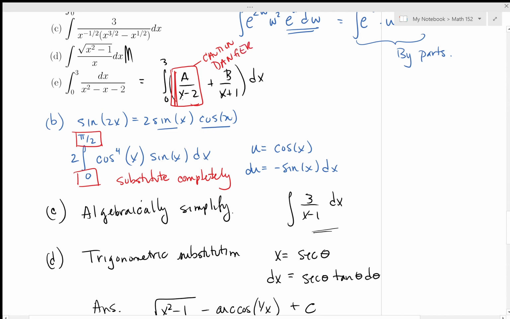Because this thing actually becomes undefined at x equals 2, and x equals 2 is between these two numbers. So you're actually integrating across, and at some point when you reach 2, the function that you're integrating becomes infinite. This is a situation that needs to be taken seriously, and you cannot just blindly proceed.